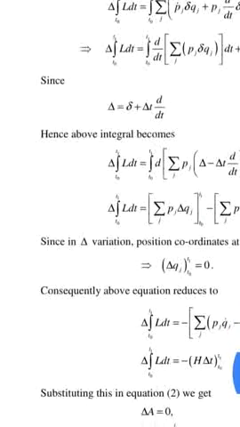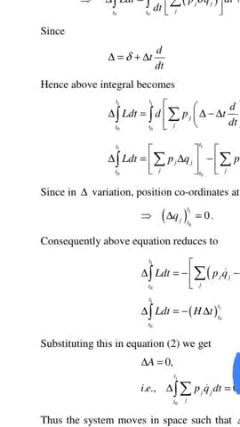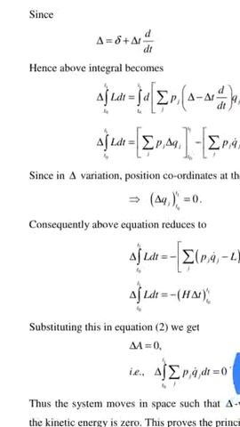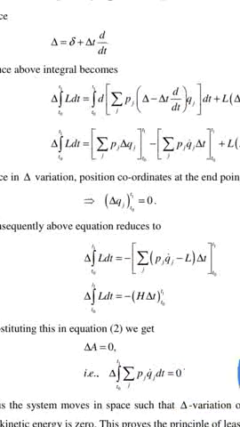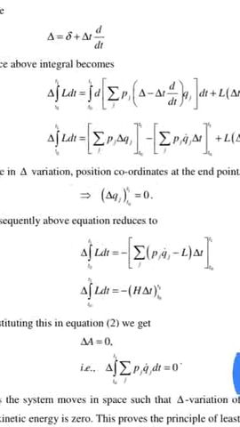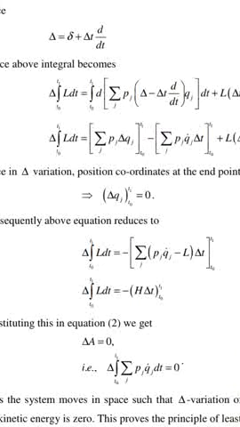Since delta is equal to del plus delta I del I d by dt, hence our integral becomes del of integration of t0 to t1 L dt is equal to integration from t0 to t1 d of summation of pj (del qj minus del t d by dt of qj) dt plus L delta t, t0 to t1.